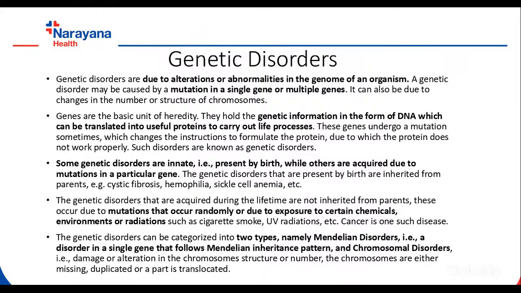They occur due to mutations that occur randomly or due to exposure to certain chemicals. The genetic disorders are generally categorized into Mendelian disorders, which is a disorder in a single gene that follows the Mendelian inheritance pattern, and chromosomal disorders, where there is damage or alteration in the chromosomal structure or number, and the chromosome is either missing, duplicated, or part is translocated.